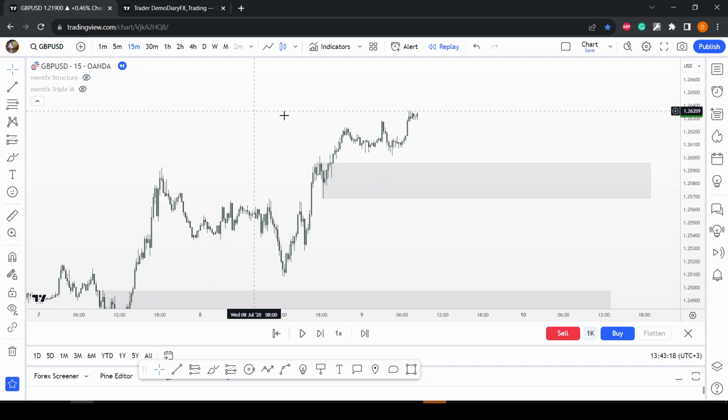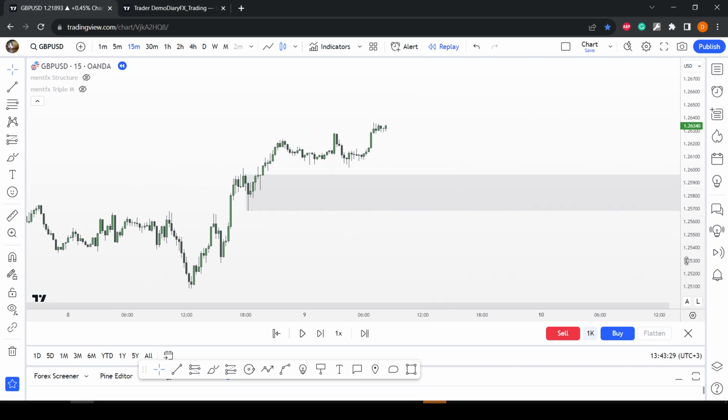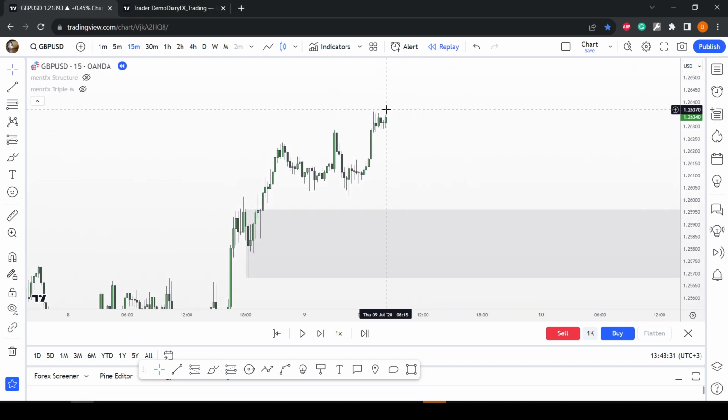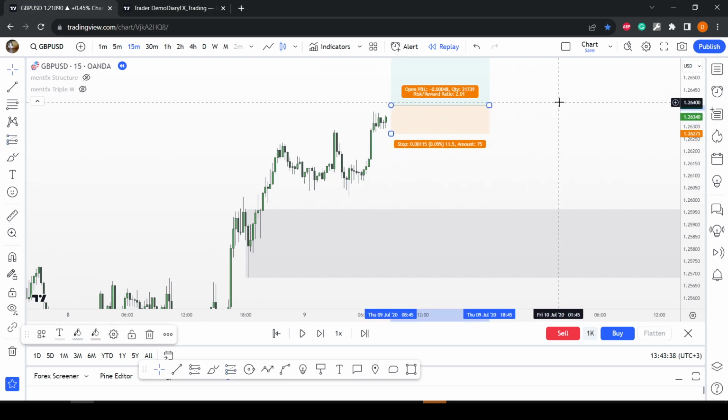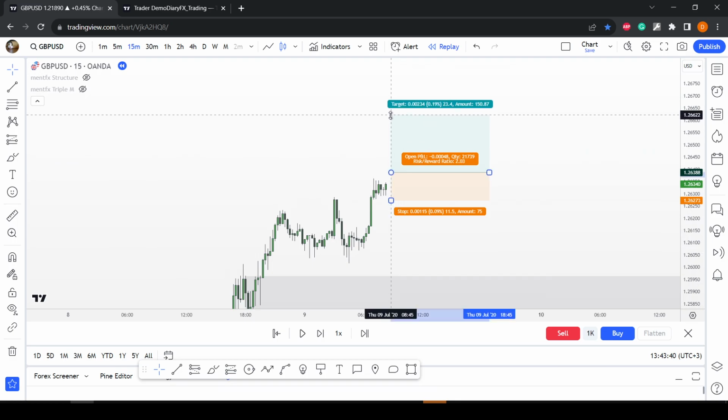I mean, we should definitely wait for some reaccumulations. However, impulse correction is there, so we can even try to enter from here. If we break these highs, maybe all the way here, we could target the 2R.